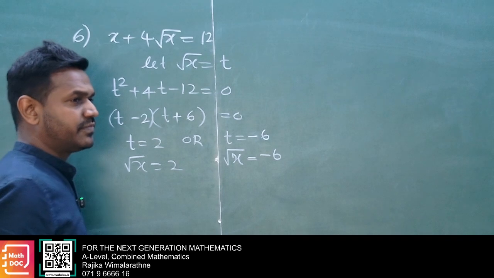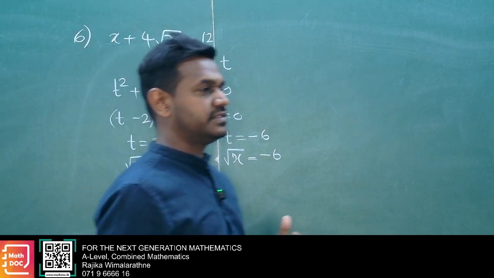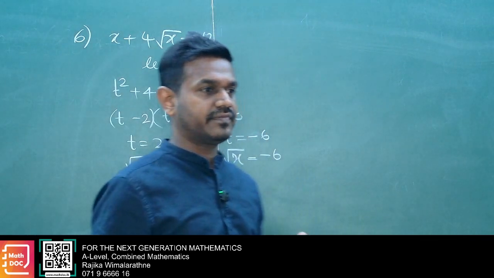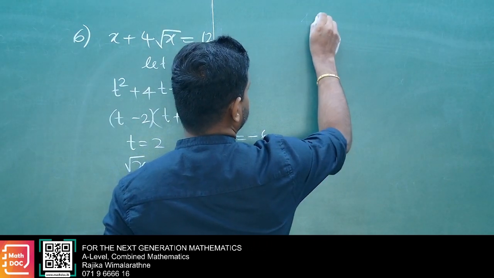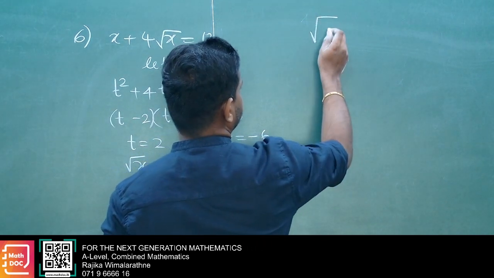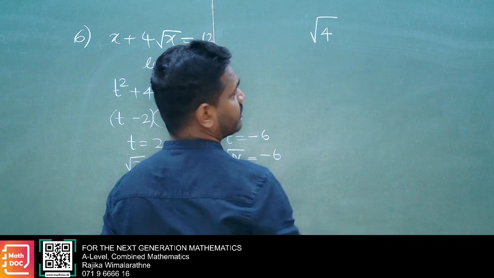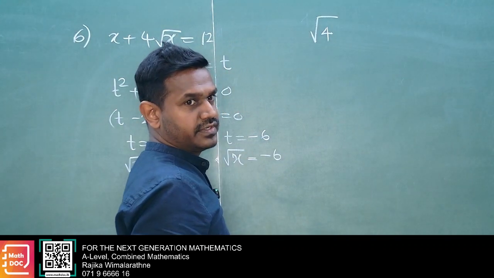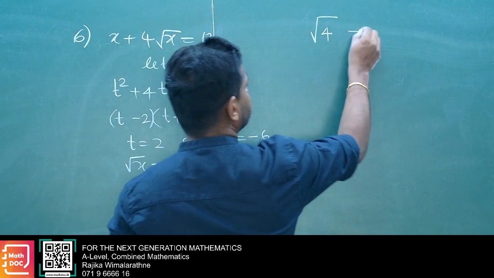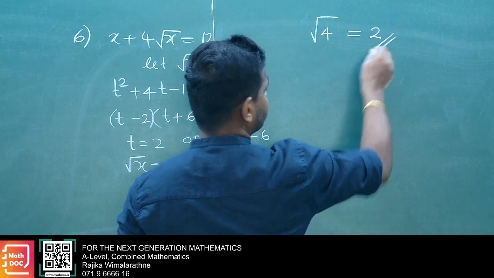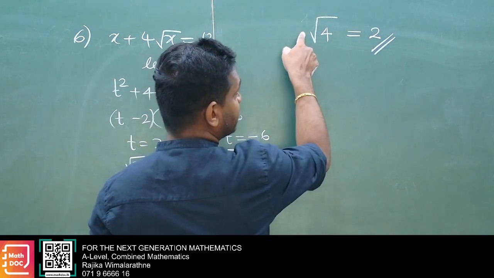Yeah, this is a very important one. Check this one all. So square root of 4, here only one solution, 2. Then the sign mentioned here is plus.